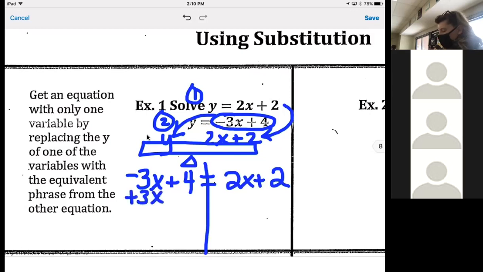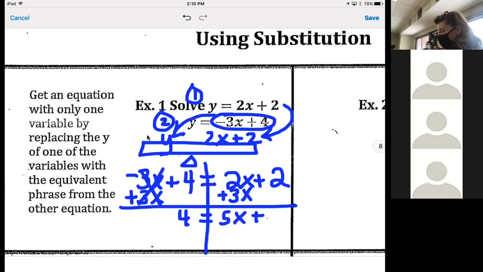We like positives. That goes away. That was what we wanted it to do. Over here we have 5x plus 2. Okay, now what do I do? Subtract 2.